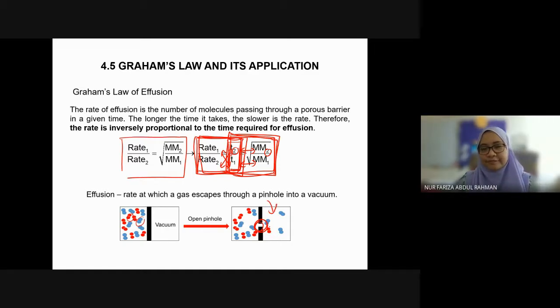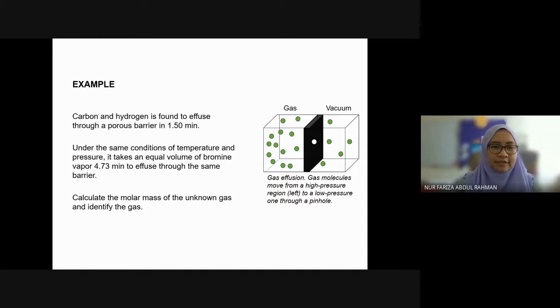Okay, so let's look at an example. Carbon and hydrogen is found to effuse through a porous barrier, a small hole, in 1.5 minutes. This is one gas, not separate carbon and hydrogen, okay.